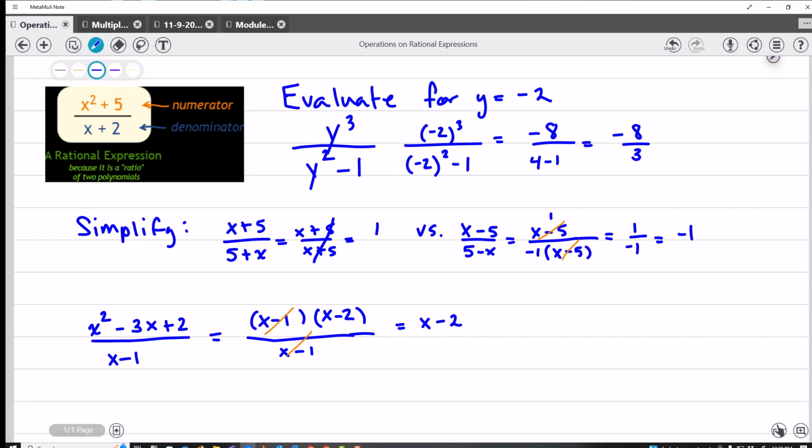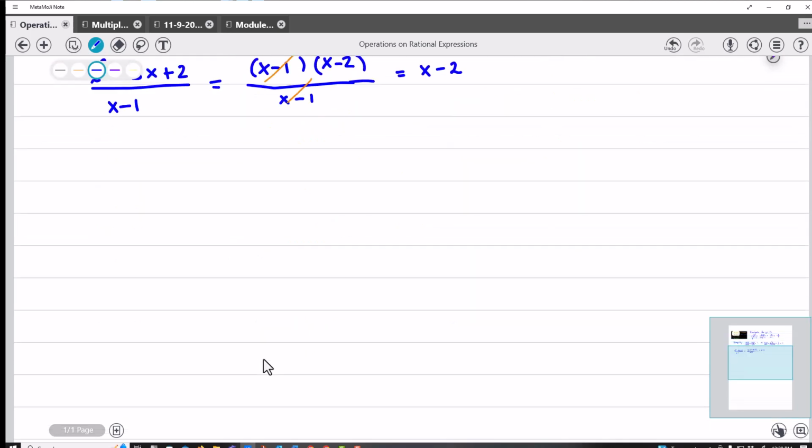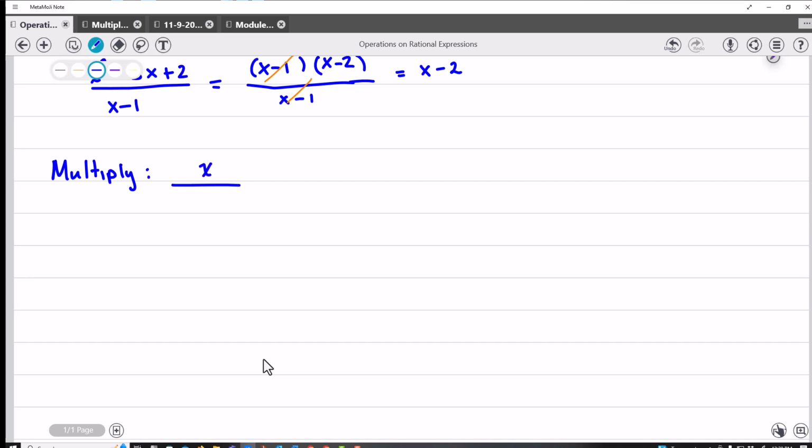All right, then you will move into multiplying rational expressions. And again, this is where your factoring is going to come into play. So if you're asked to multiply something like x over 9x minus 45 times x squared minus 5x over 2, you never want to just multiply straight across.